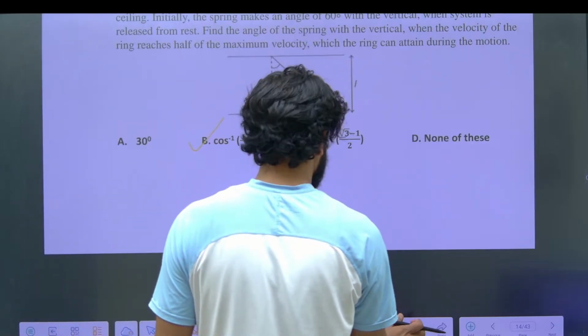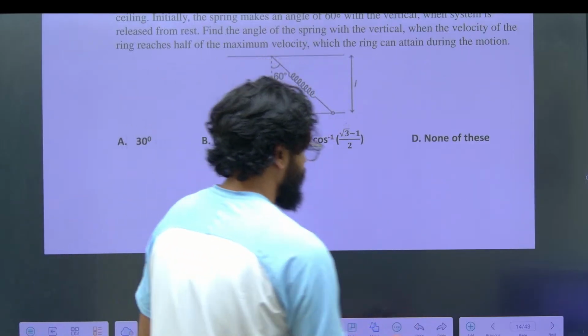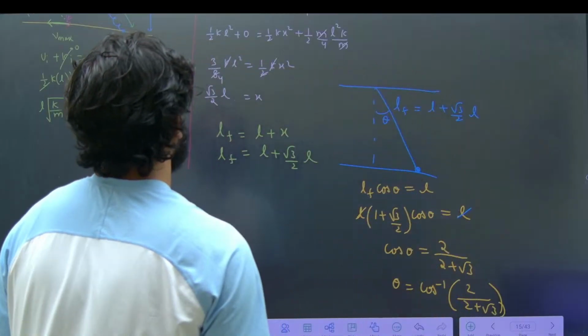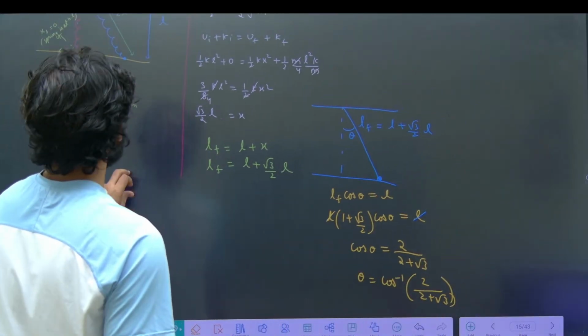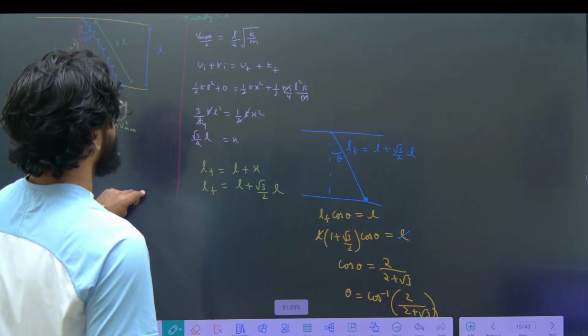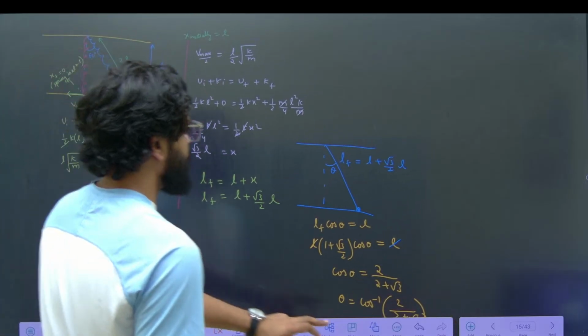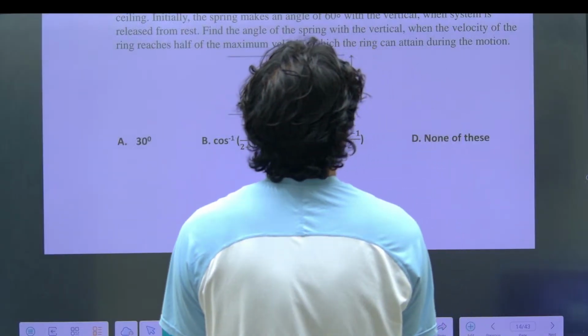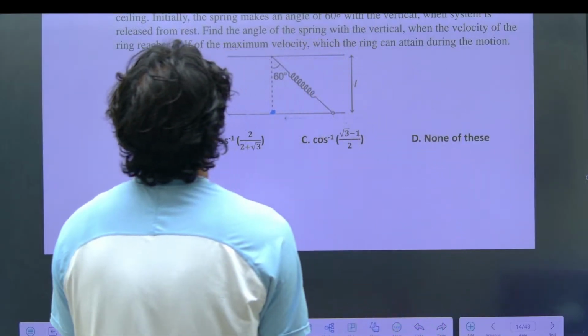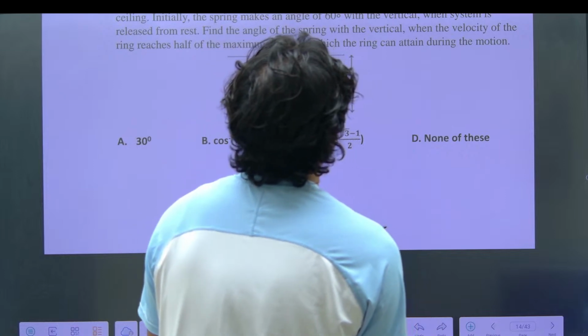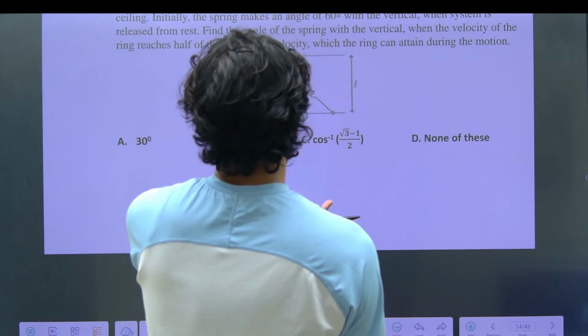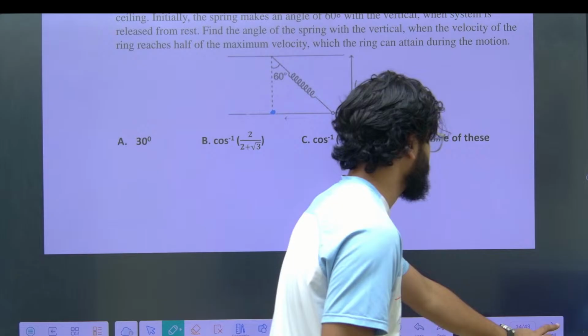We made some mistake. Let's see one more time. They're asking theta from the vertical only, right? With the vertical only. Okay.